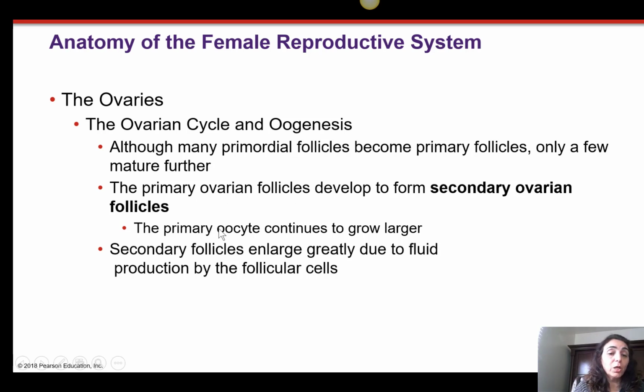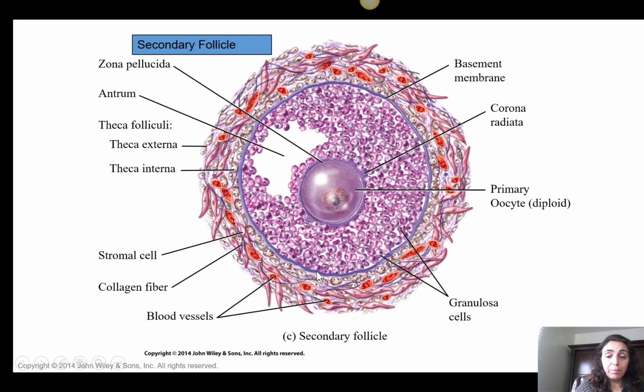The primary oocytes continue to grow larger and continue to finish the first meiosis, and as soon as it finishes, it goes into the second meiosis. The secondary follicle enlarges greatly due to fluid production by the follicular cells.